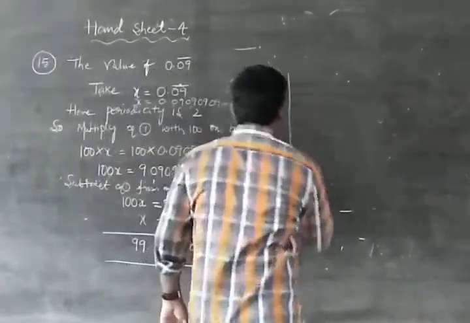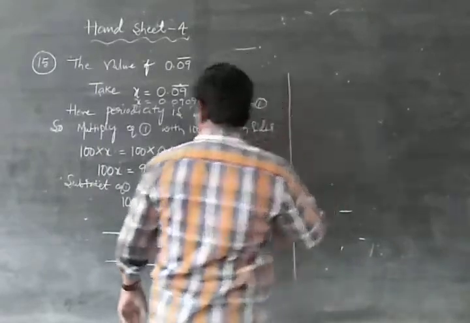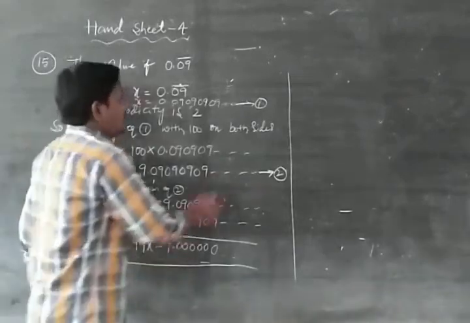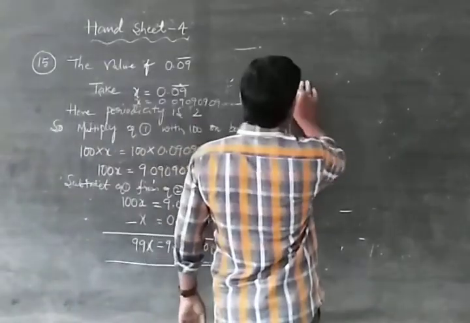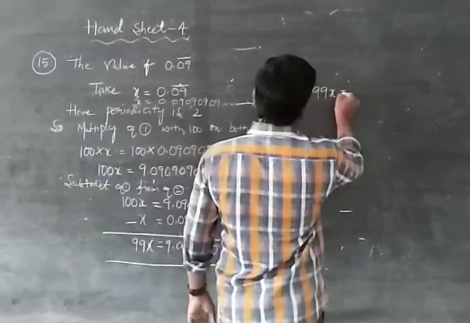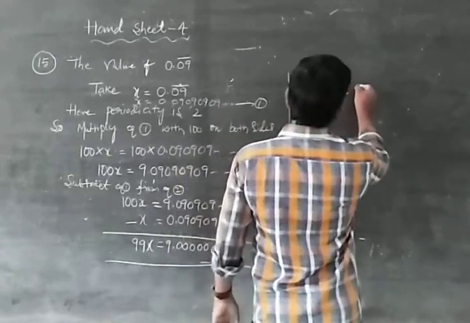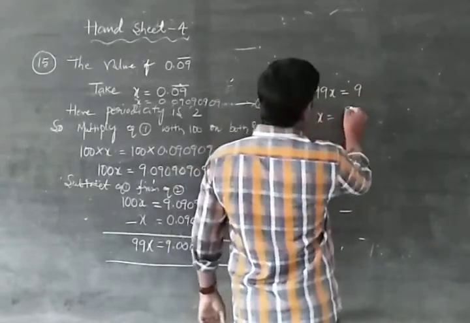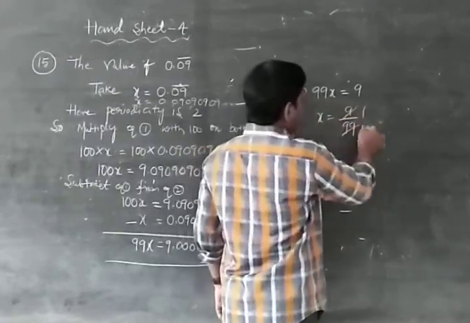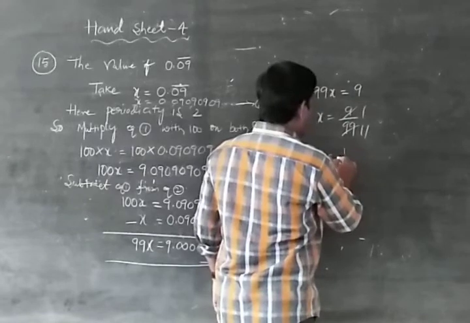Now 100x minus x is 99x. So 99x equals 9. Then x equals 9 by 99. 9 times 1 is 9, 9 times 11 is 99, so x equals 1 by 11.